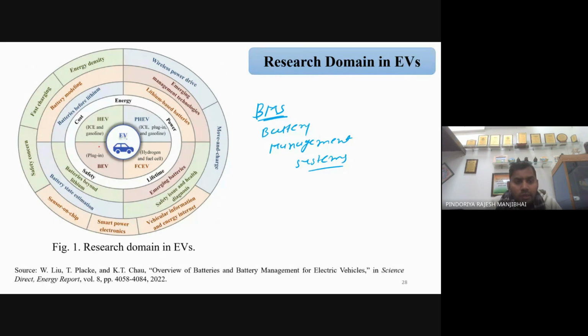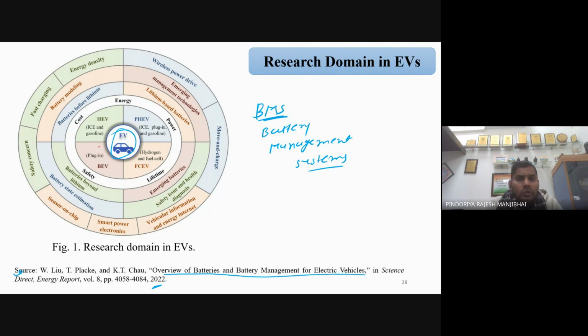You can see this diagram, there is a research domain in the electric vehicle. Suppose you want to do research in the electric vehicle, then you can look at this diagram. I got this diagram from a research paper, a ScienceDirect paper published in 2022, an overview of the battery and battery management for electric vehicles.